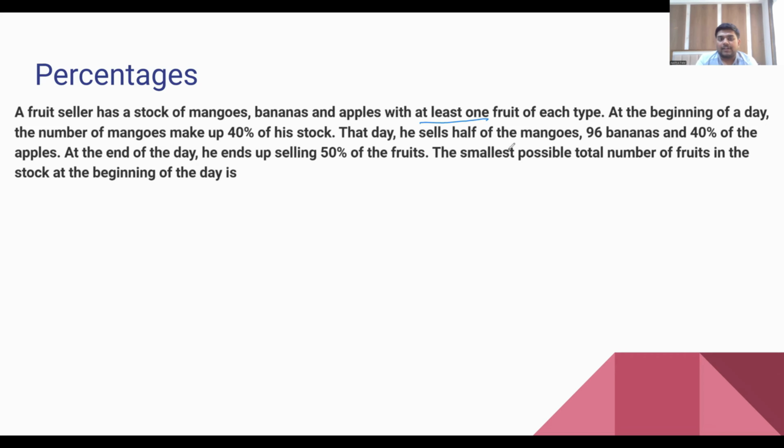At the beginning of a day, the number of mangoes make up 40% of the stock. So if we say that initial quantity is equal to 5x, so mangoes is equal to 2x. Okay.